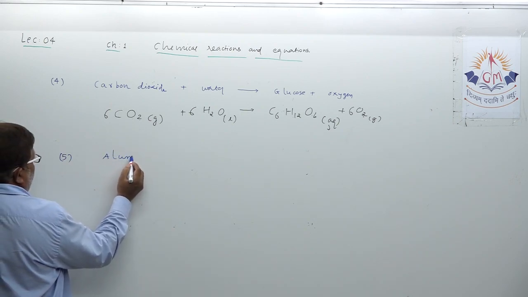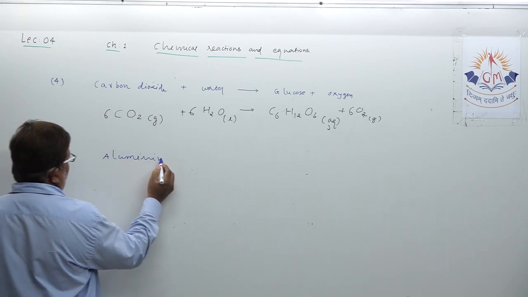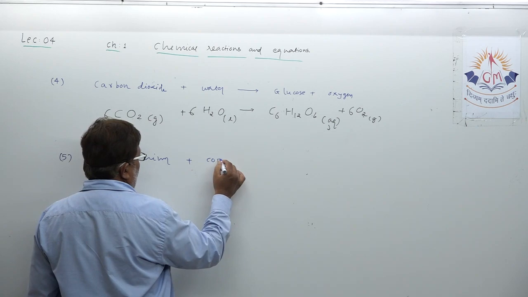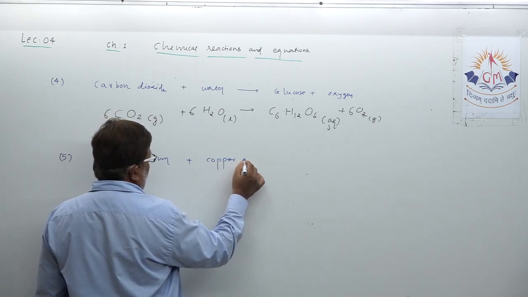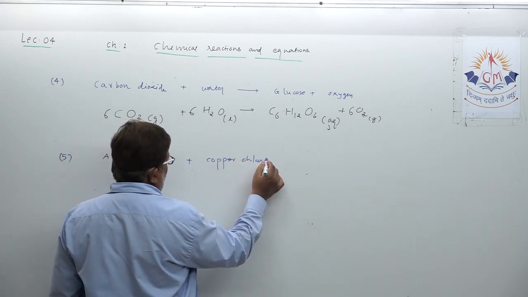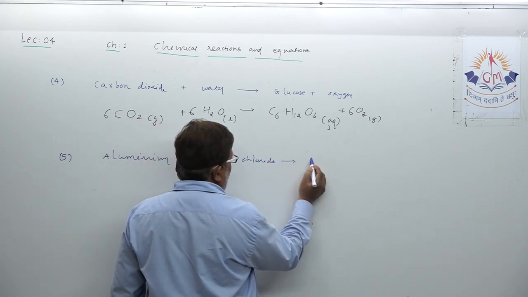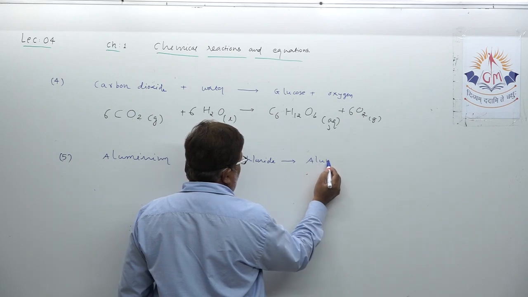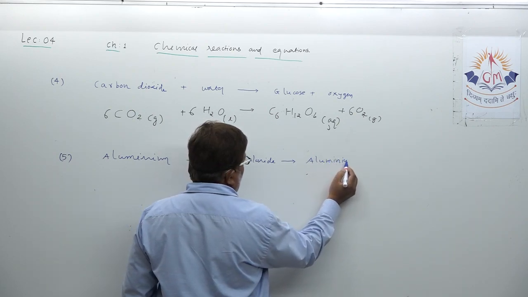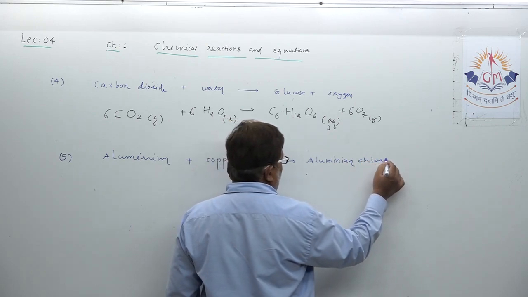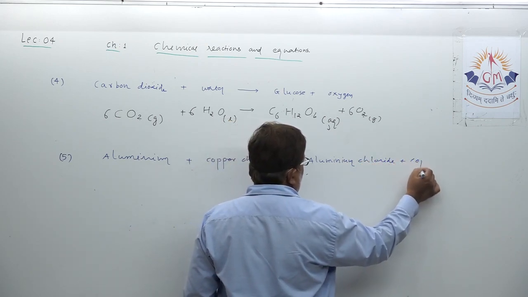Aluminium plus copper chloride gives aluminium chloride plus copper.